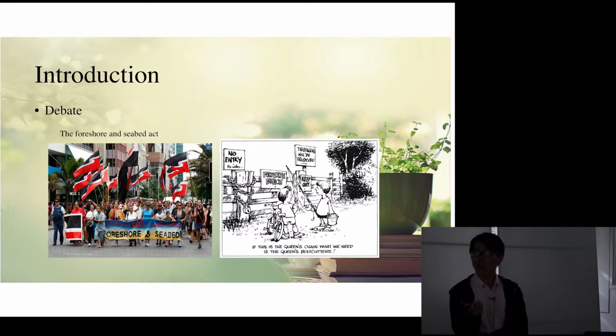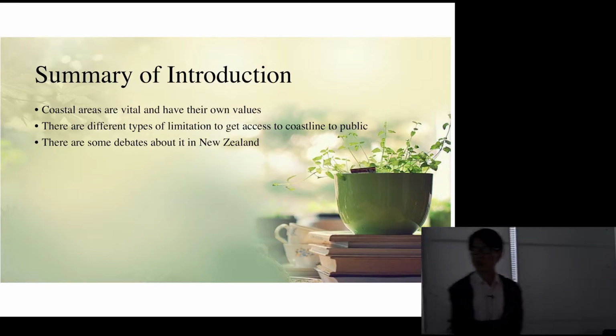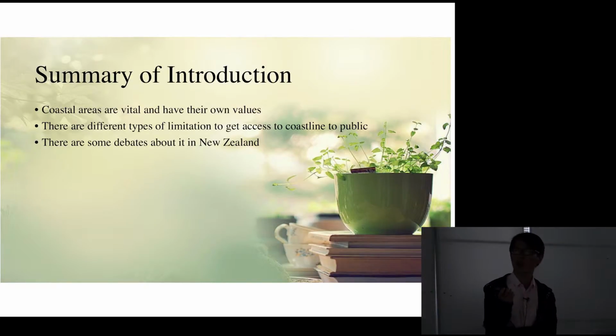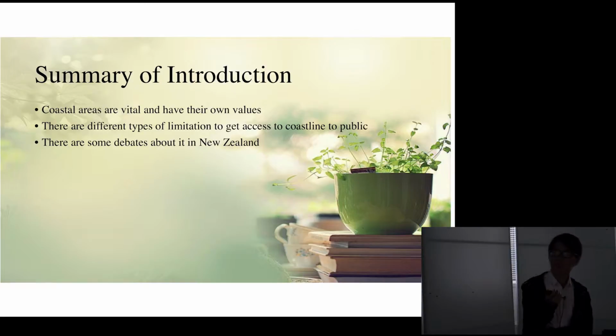And I want to make a summary of my introduction. Coast areas are vital and have their own values to the public. And as we said just now, there are different types of limitation for us to get access to the coastline. And there are some debates about it in New Zealand.